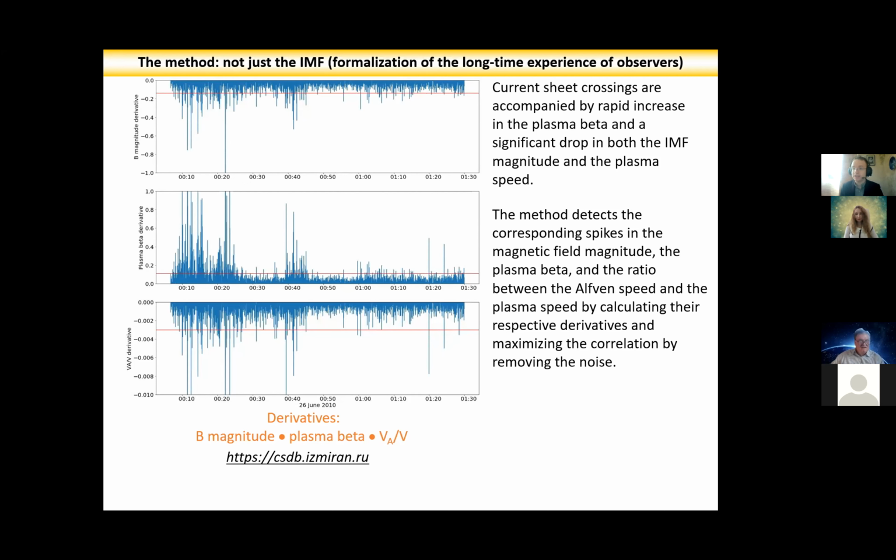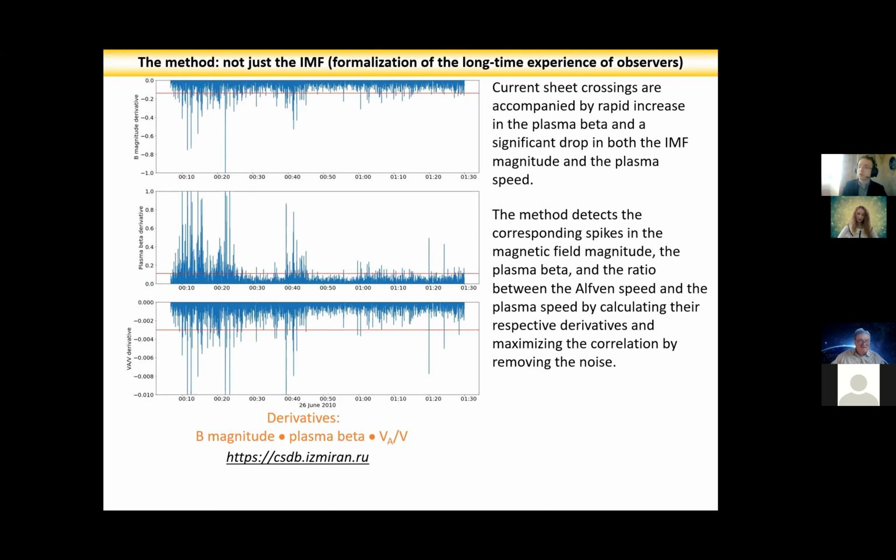The way we detect the corresponding spikes is by calculating the derivatives of the said characteristics, and we then proceed to maximize the correlation between the three derivatives to remove the noise.